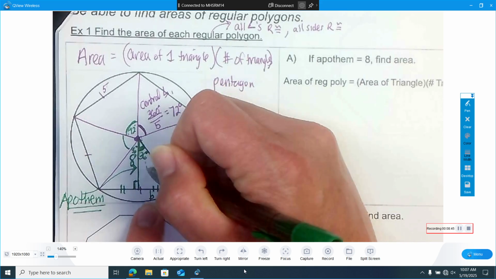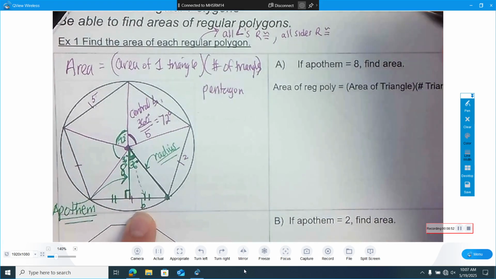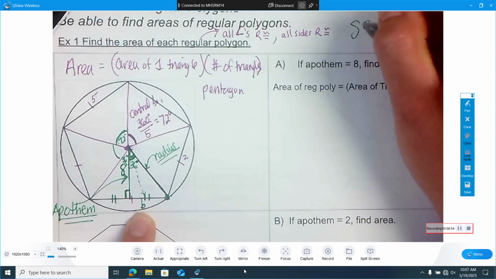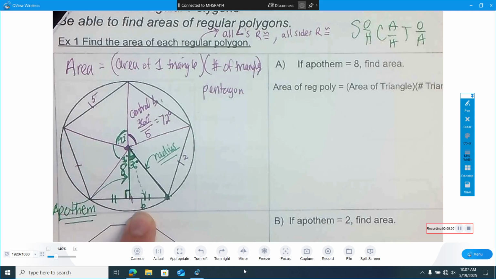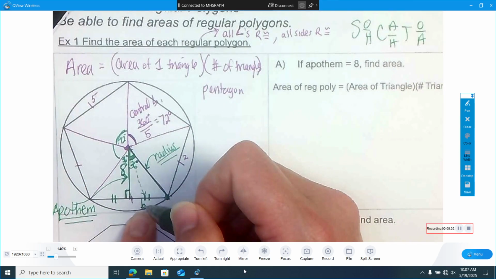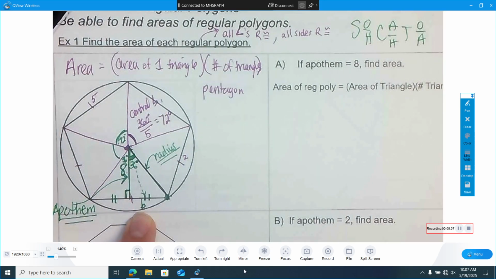Looking from this 36-degree angle, which side is this? Opposite. Yeah, what do we remember from trigonometry? SOHCAHTOA. Again, you might want to write that down as a reminder. So we have the opposite side, and what's the 8 going to be? Adjacent. Very good.